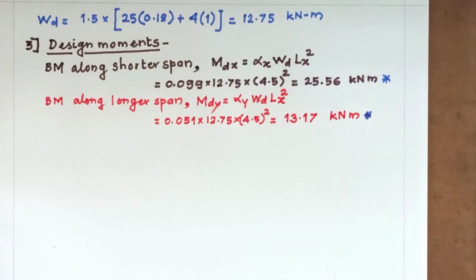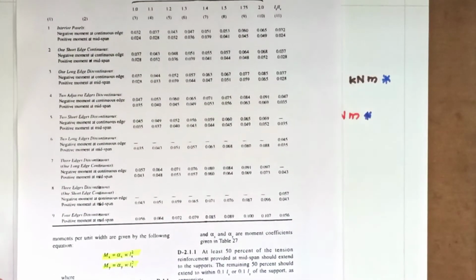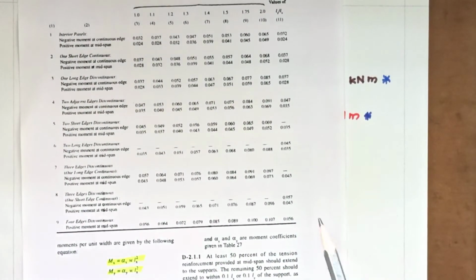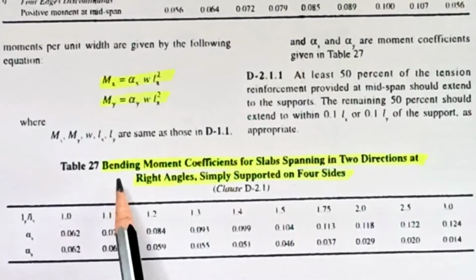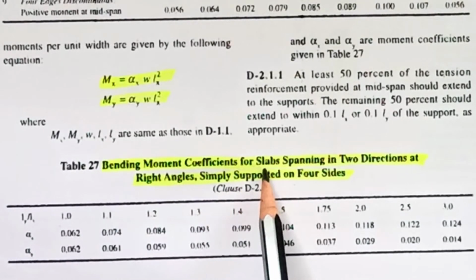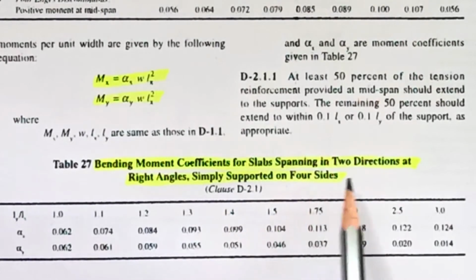Now, as far as the examination is concerned, either the values of alpha x and alpha y are directly known, or you are given the table in the examination question paper, which is as per page number 91 of IS 456, table 27, bending moment coefficients for slab spanning in two directions at right angles, simply supported on four sides.